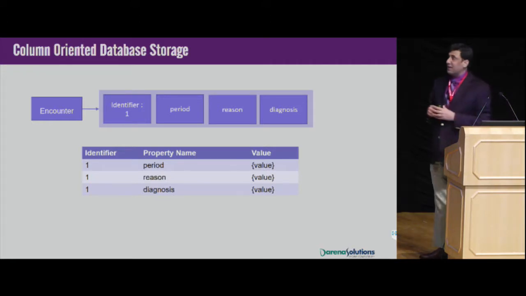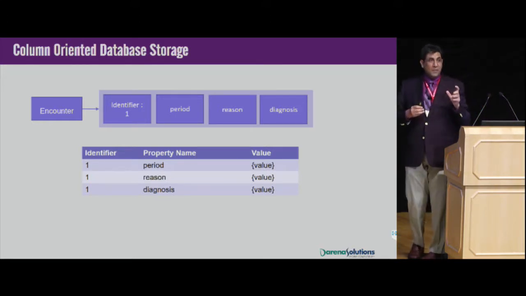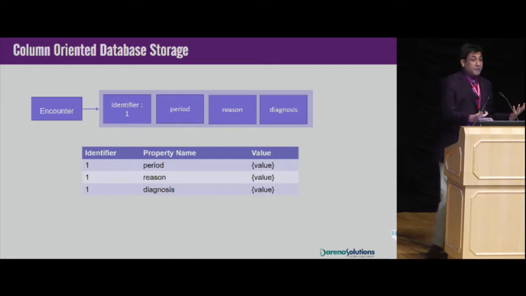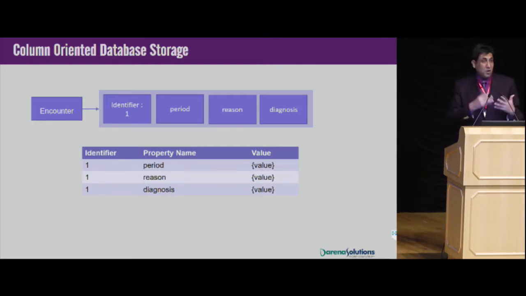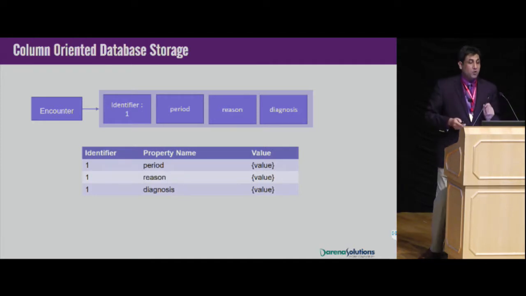An important part to understand here is that the value is not like a string. It can be anything. In case of a diagnosis, if we are comparing it with a FHIR resource, it could be a codable concept. It could be any custom user types. But the basic concept is that you are storing it as what is called a column-oriented database.